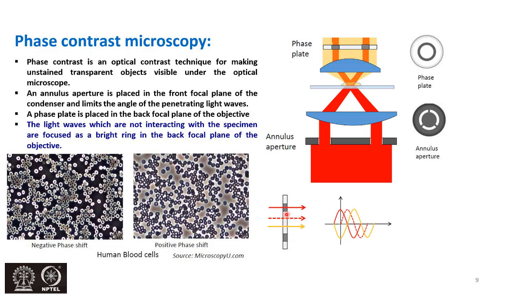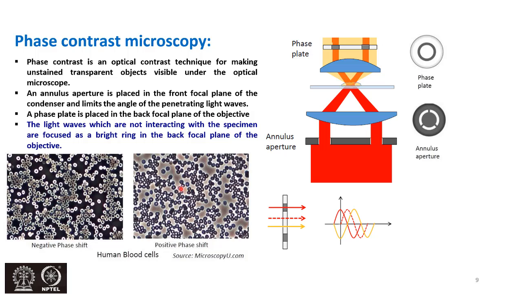As you can see here, this red one will cause a destructive interference, and the yellow one where the light can pass will cause a constructive interference. That is how we will be able to get a phase contrast. So there is a phase shift in the image, and what will happen is that the unstained transparent object will be visible under the optical image.